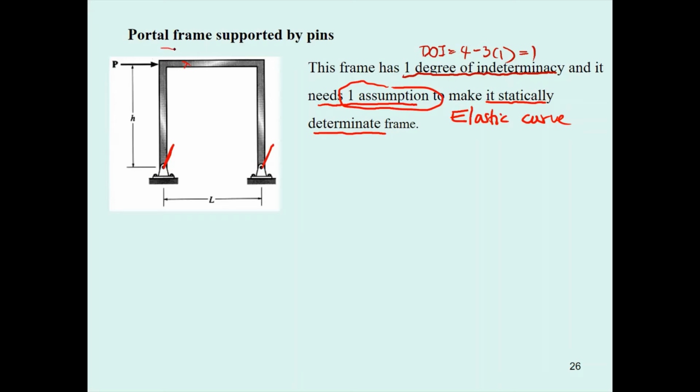Let's say this one is going to be delta B, and this one also is going to be delta C. This delta B is going to be equal to delta C because there is no axial deformation of beam and column. Okay, and then the structure will deform approximately like this. You see it's sideways like this.